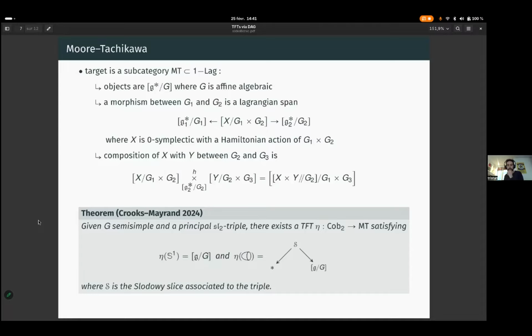This is indeed zero-shifted symplectic, and this is actually a Lagrangian.